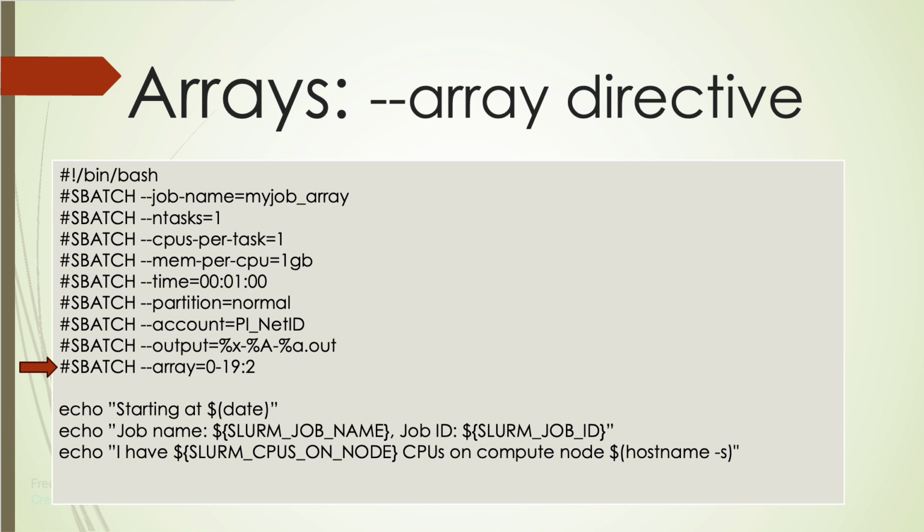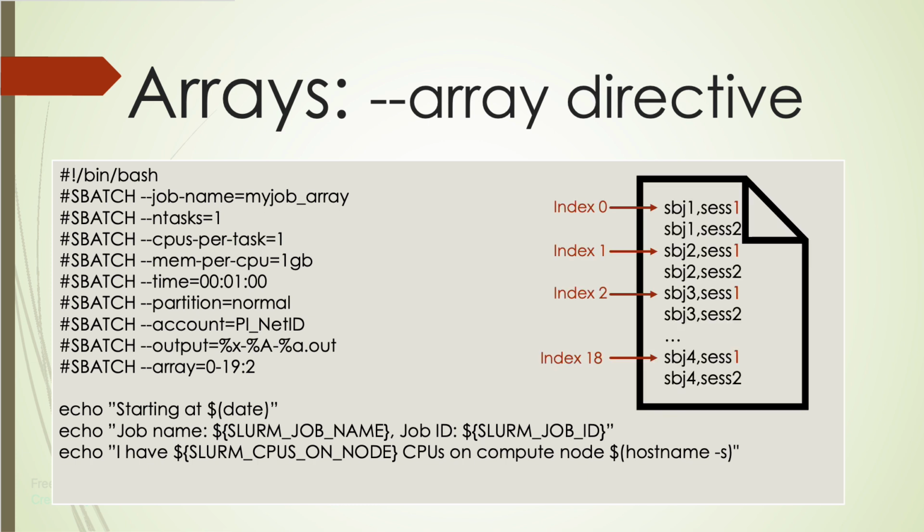This could be useful if, for example, your subject list file is organized in a way that each subject has 2 sessions, and you just want to analyze the first session. So you want to skip every other line in the file, which are the lines with the identifier of the second session. This will only run on indexes 0, 2, 4, etc.